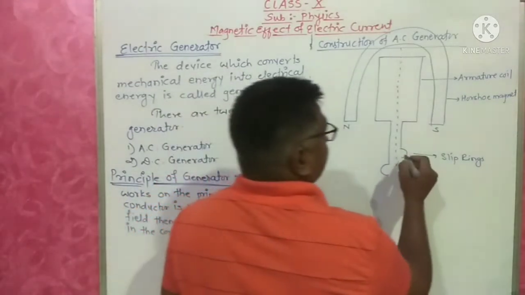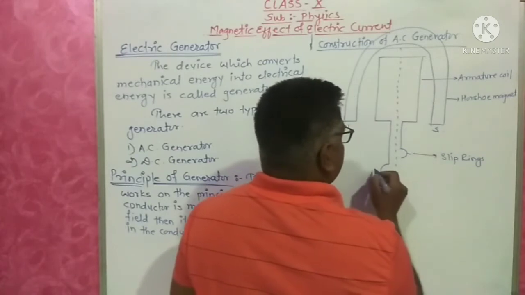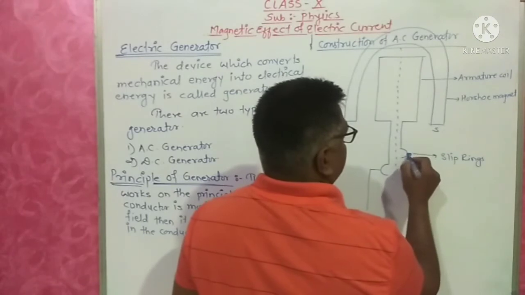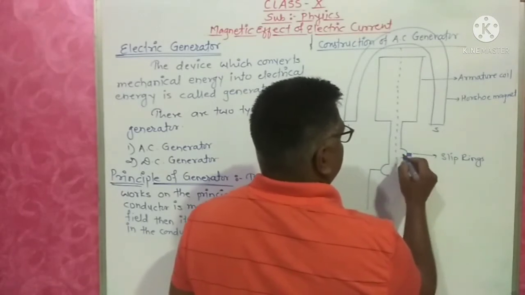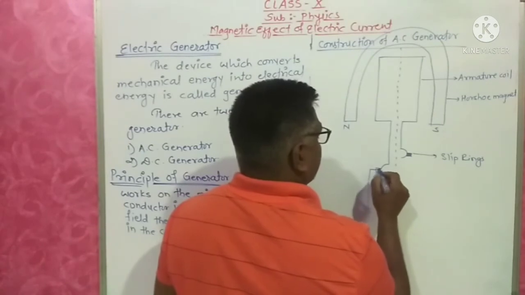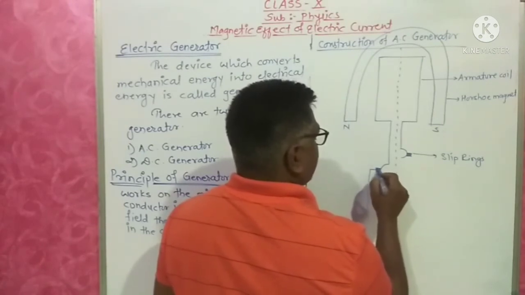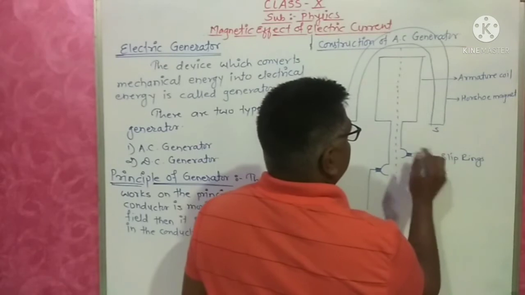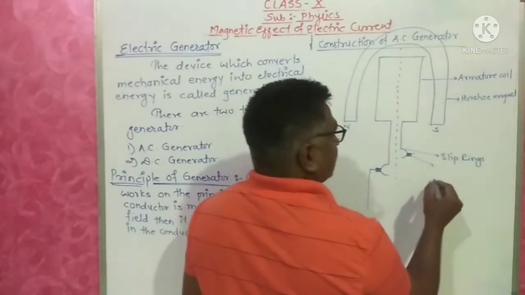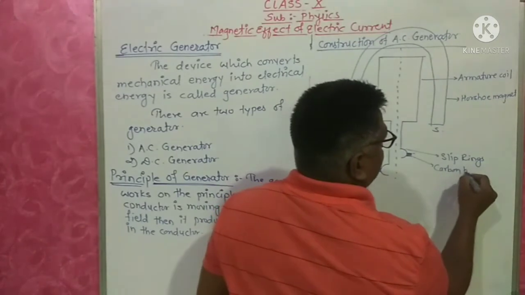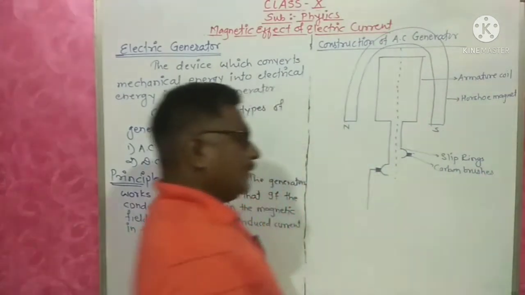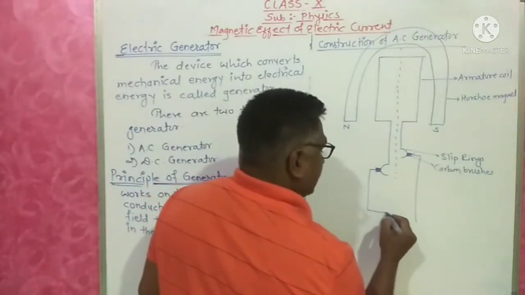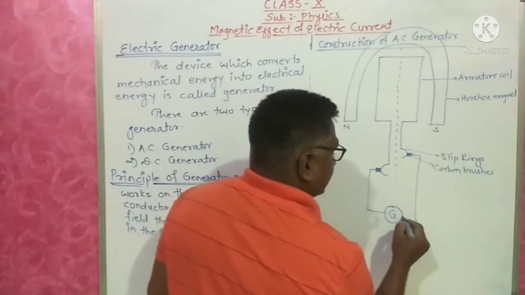And what is connected here? A pair of carbon brushes. This is the carbon brush. This is the slip rings and this is a pair of carbon brushes, and the carbon brushes are connected to a galvanometer.